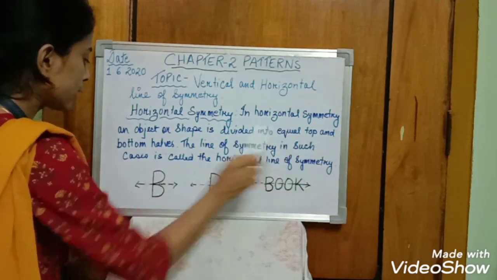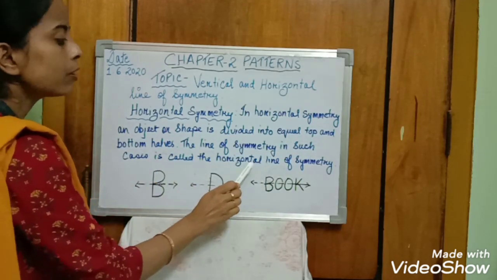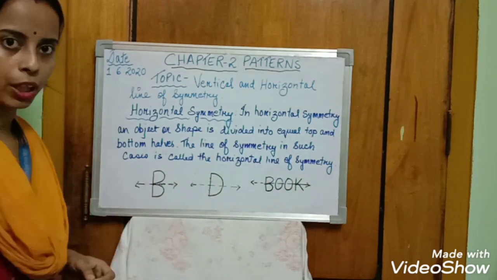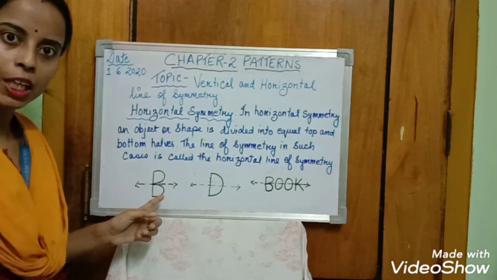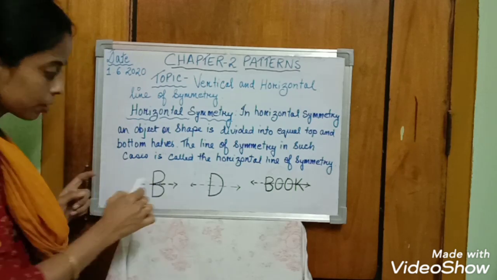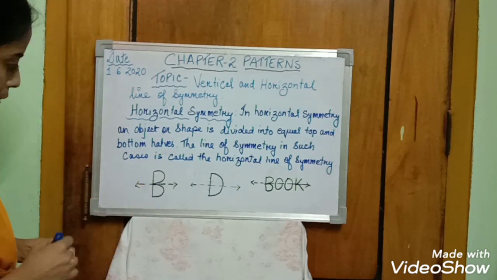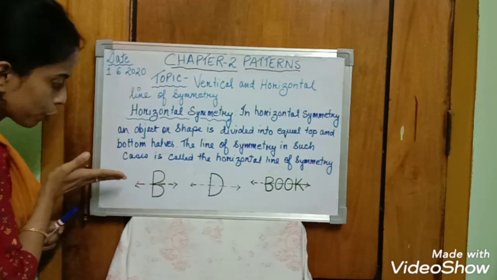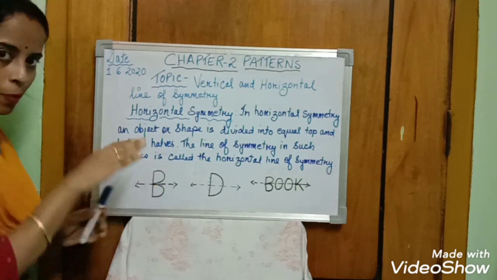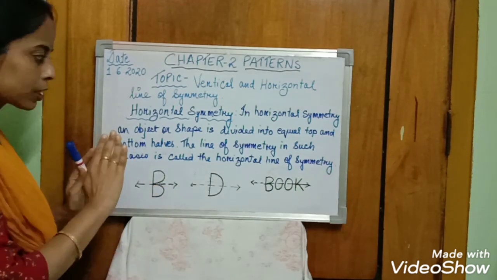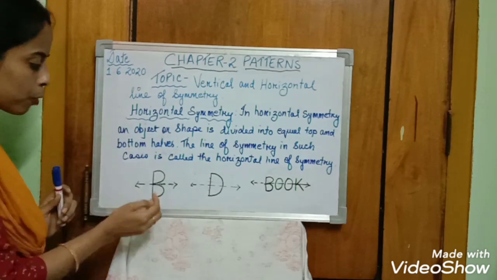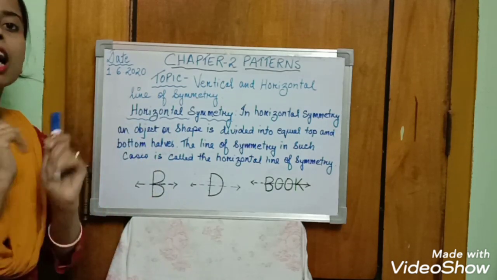The line of symmetry in such cases is called the horizontal line of symmetry. Look at the alphabet B. If we draw a horizontal line of symmetry, we can flip it. That means both top and bottom parts are equal halves.